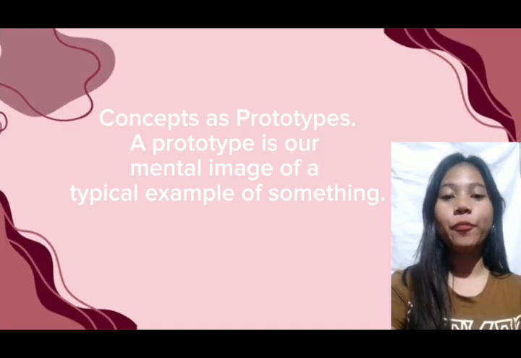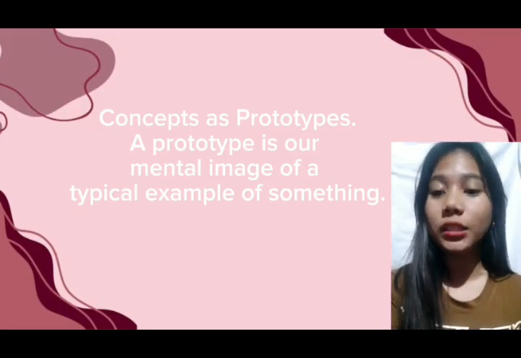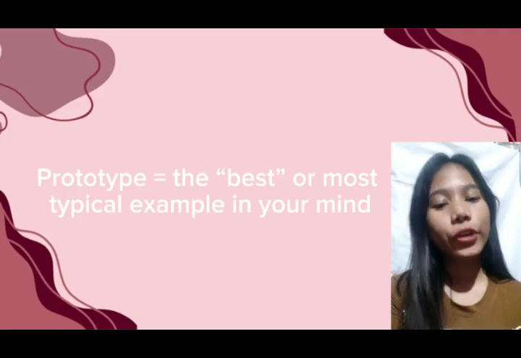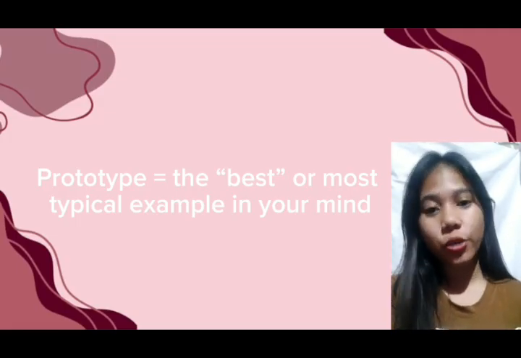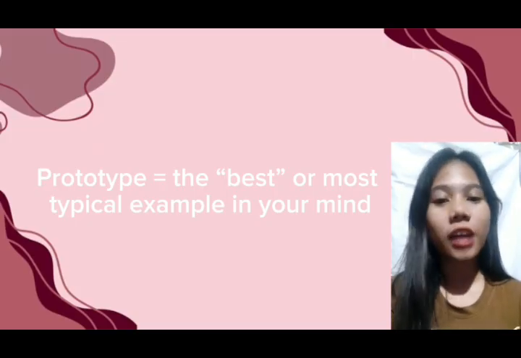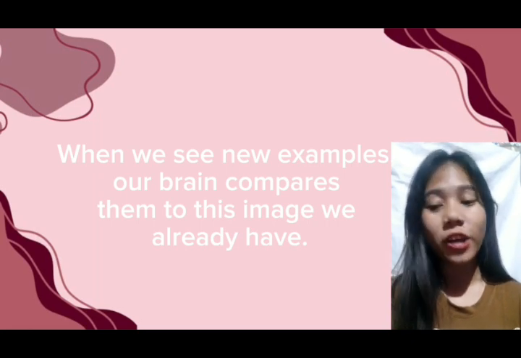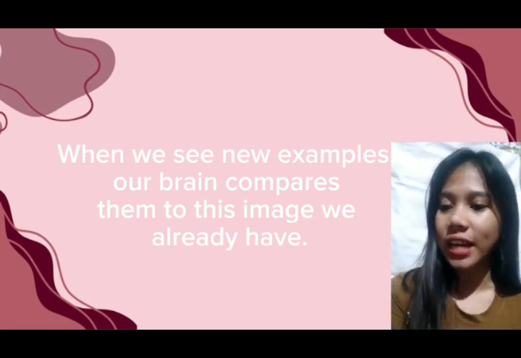We have concepts as prototypes. A prototype is a mental image of a typical example of something. For example, if I ask you to imagine a cat, you probably think of an ordinary house cat, not a rare breed. That's your prototype. When we see new examples, our brain compares them to this image we already have.